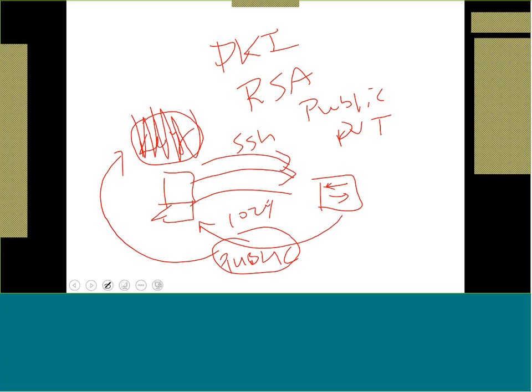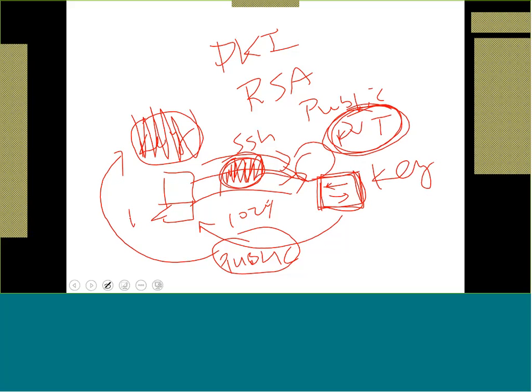I send that encrypted key to the switch, and the only way that you can figure out what that key is is by decrypting that information with the private certificate, which corresponds to the public certificate. The only device that knows the private certificate is the switch. So this key comes over here, the switch uses its private certificate to decrypt, and now he has the key, and he has the key, and they can do their SSH communication.